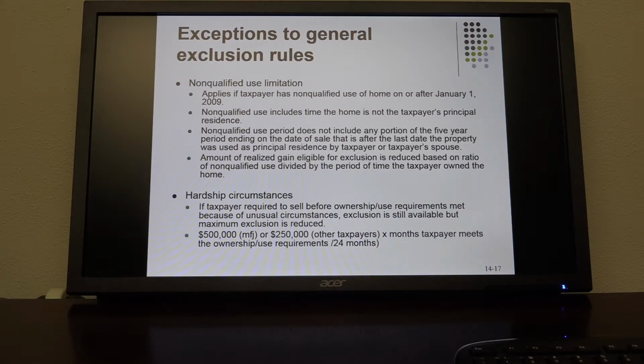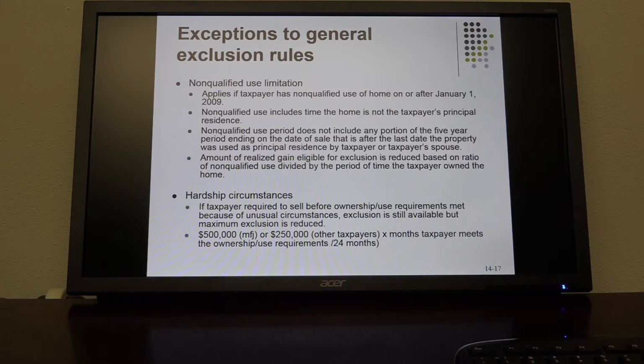are indexed for inflation. Wouldn't it be great if we had a situation where Congress said, well, we're going to increase your basis every year by the percentage of inflation for the year.